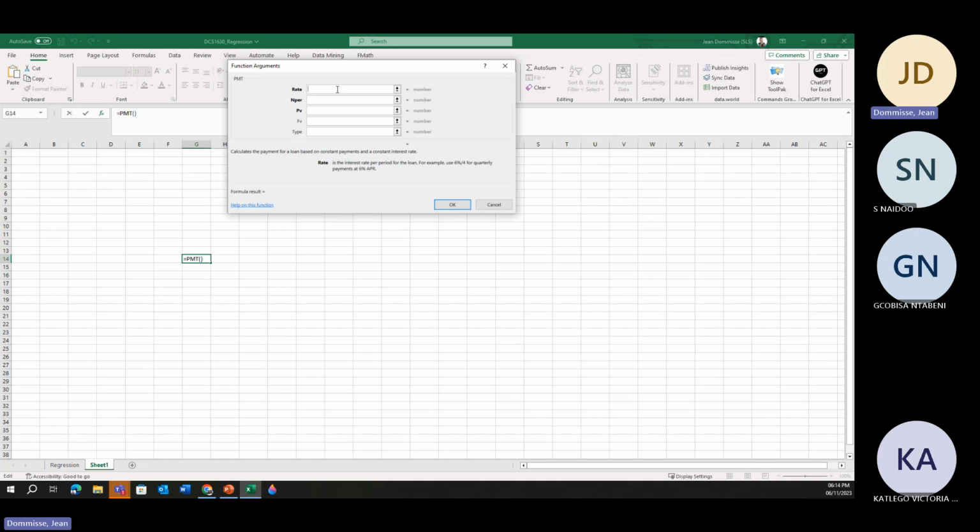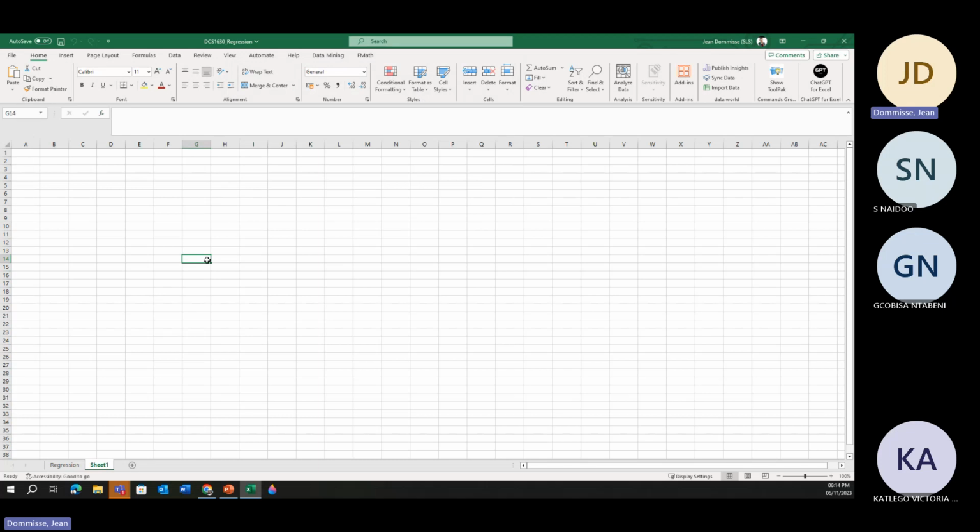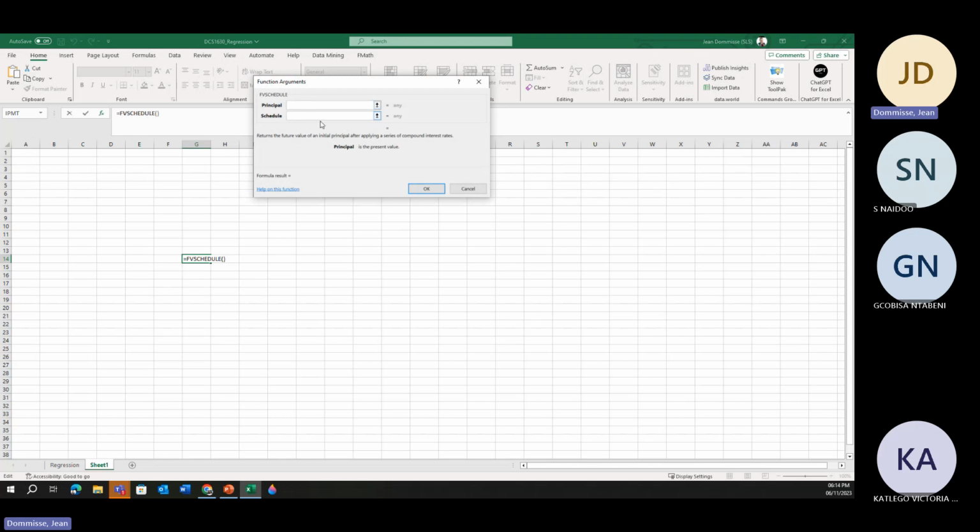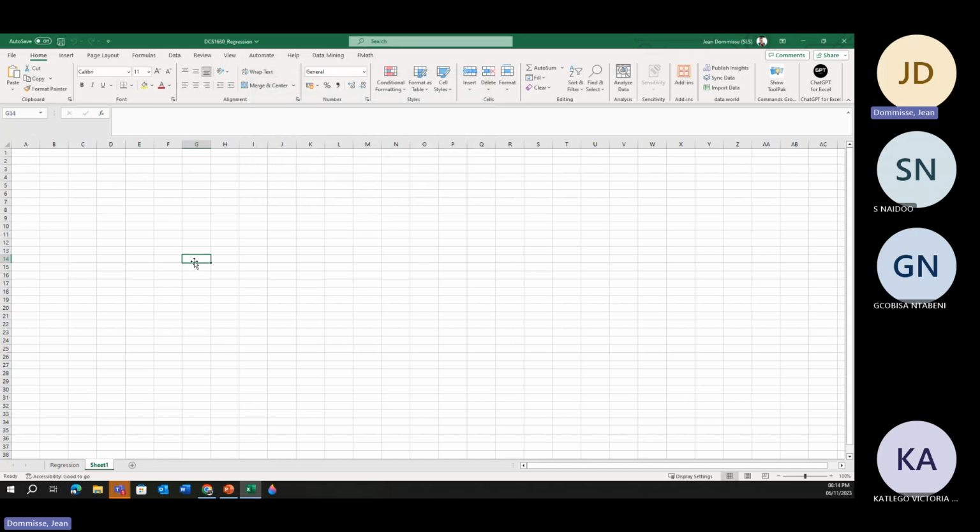One must just make 100% sure when you work out any of these, so if it is PMT, present value or future value. What it also does is, if you look at some of the principal values and the schedule that goes with it, it can work out some of the amortization stuff as well.